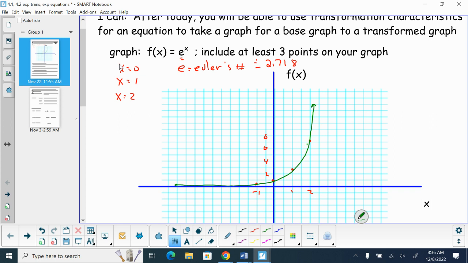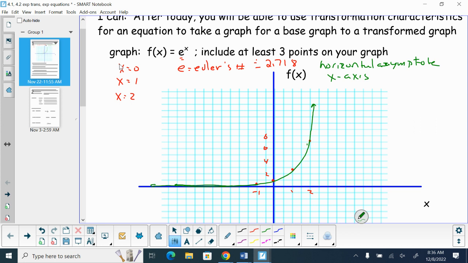We will be asymptotic to the x-axis, because we'll never reach a y value of 0.